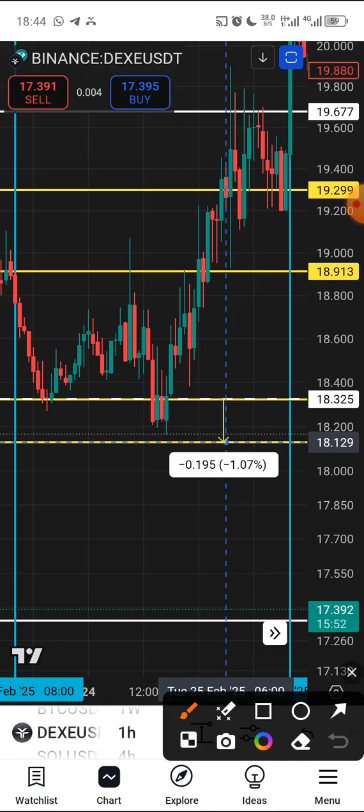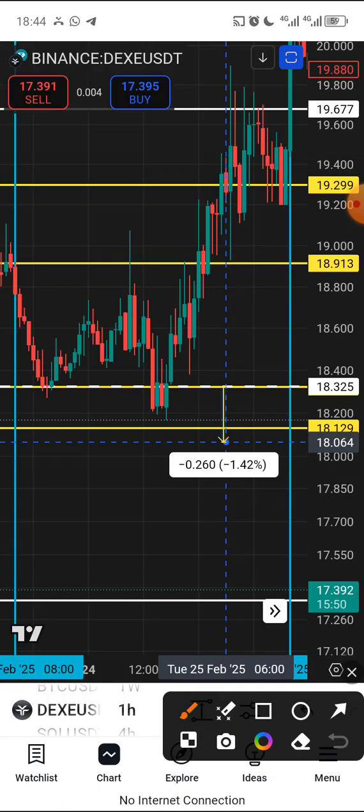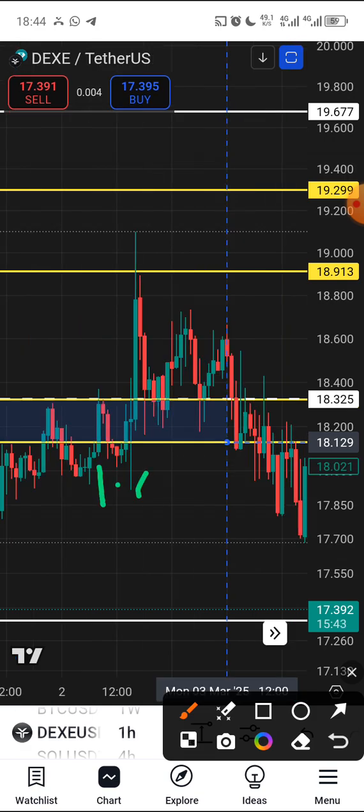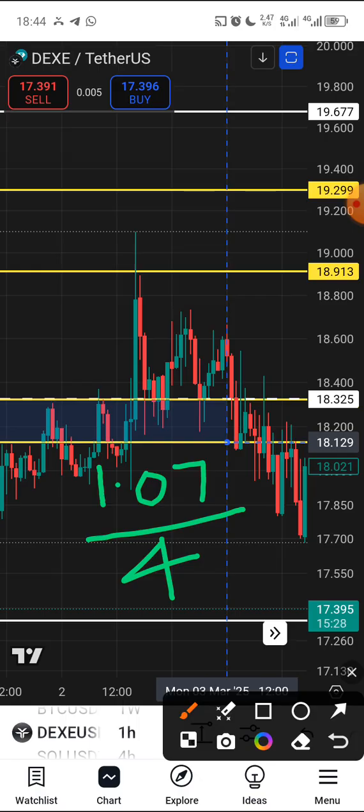Okay, and say 1.07 divided by 4 margin calls. Remember, you want your robot to buy 4 margin calls by the time the market drops by 1.07.